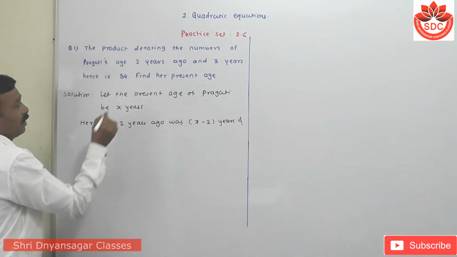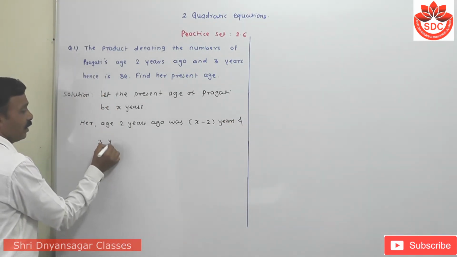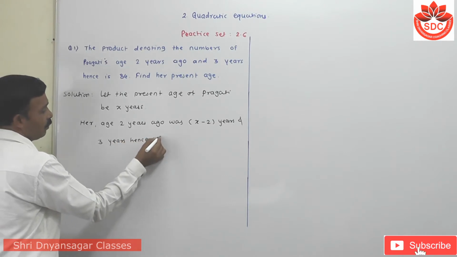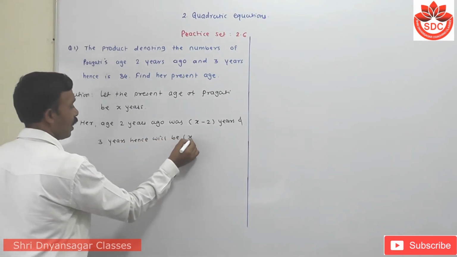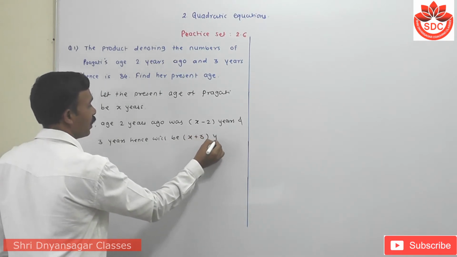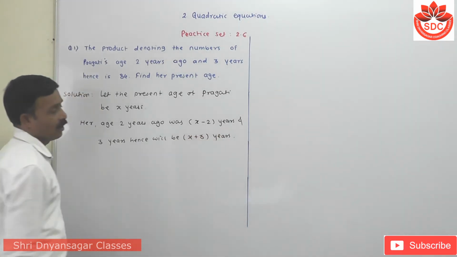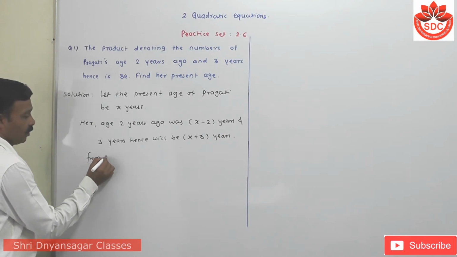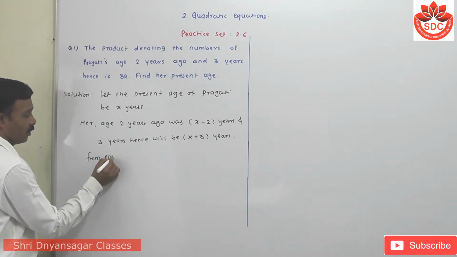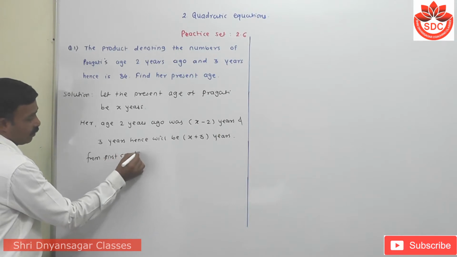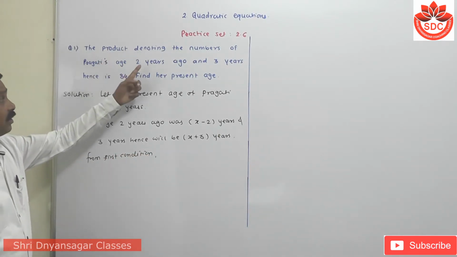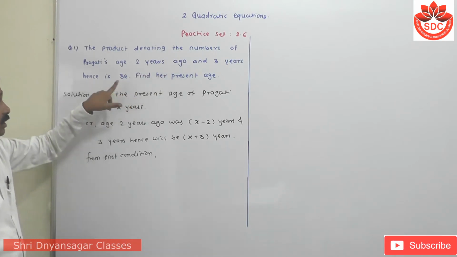And 3 years hence will be x plus 3 years. Okay, then from the first condition, this condition tells that the product of these two ages is 84.